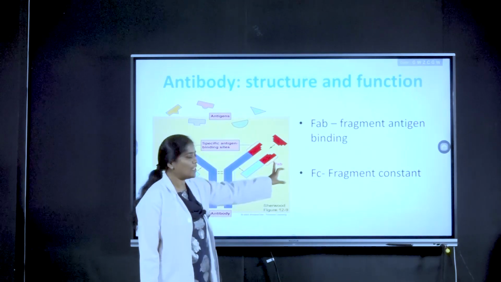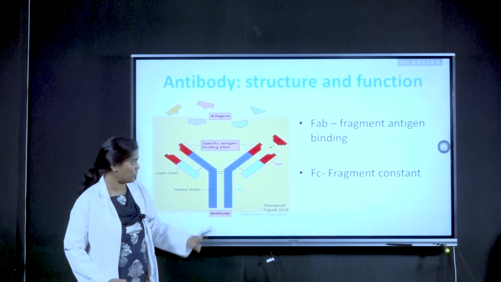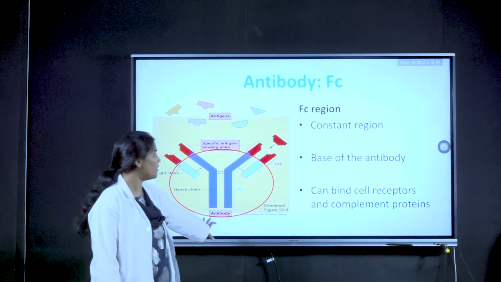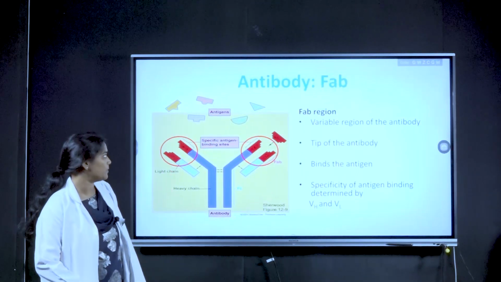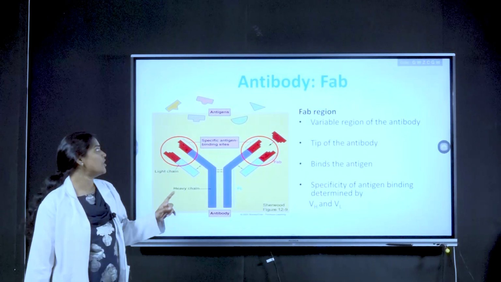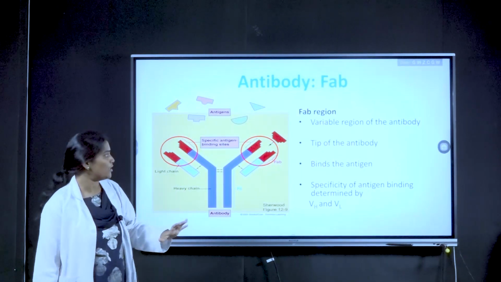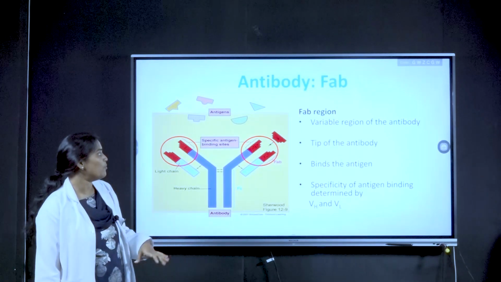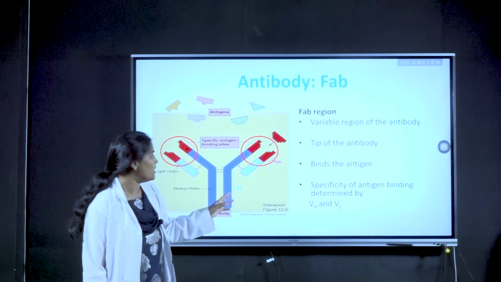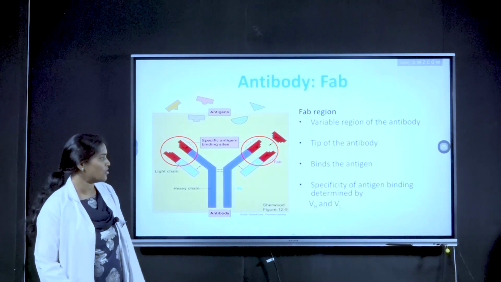The constant region is the base of the antibody; it binds to cell receptors and complement proteins. The FAB region is present on the variable region of the antibody, at the tip, and binds to the antigen. Its specificity of antigen binding is determined by VH and VL.